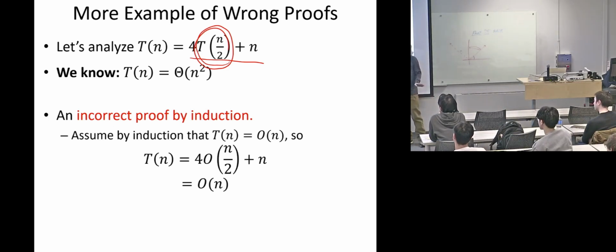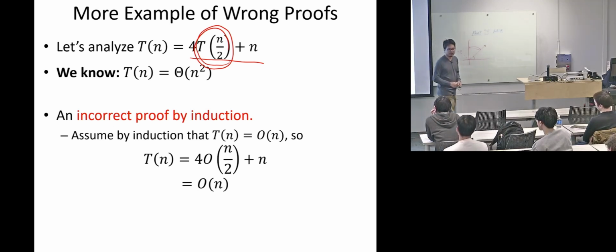So something must be wrong. What was wrong is that the constant here and the constant here are different. So when you hide this constant and they are actually different constants, then the proof goes wrong.